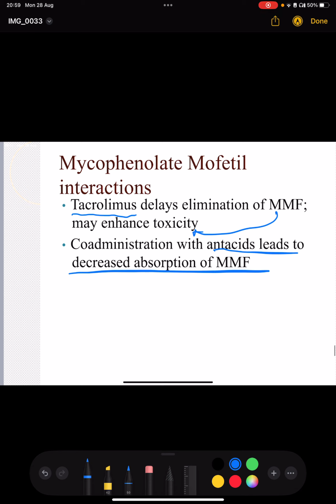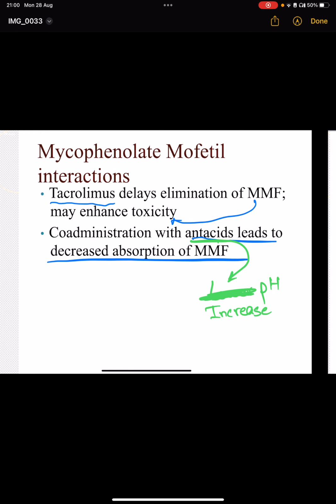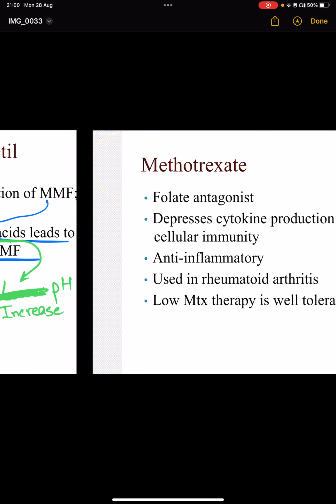Because antacids increase the pH of the stomach. They make the stomach more alkaline. If the stomach becomes more alkaline, the hydrolysis of this ester becomes difficult, and then you won't get the active form that easily.